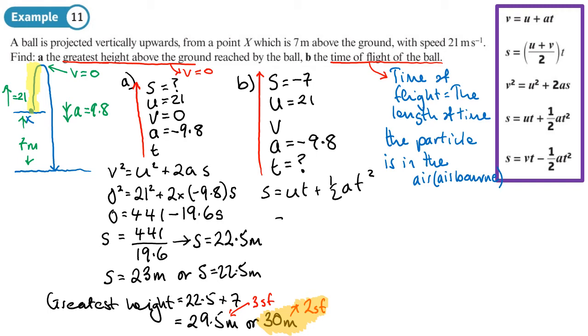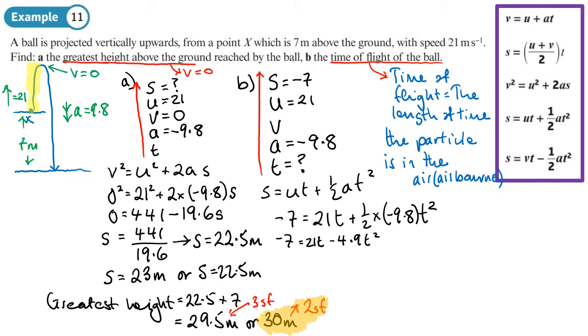So S is -7, U is 21, T plus half times -9.8 T squared. Okay, so that would be -7 equals 21T minus 4.9 T squared.